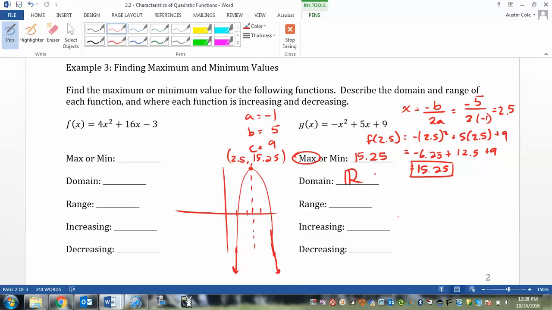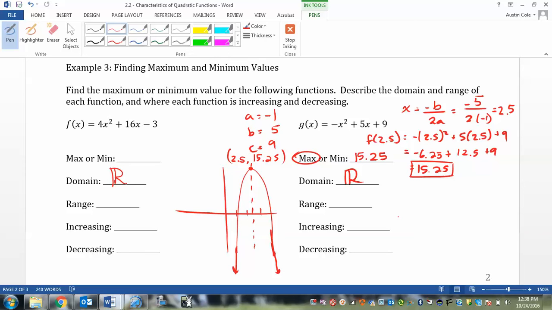That's the same thing as all real numbers. So it doesn't matter if it's a maximum or a minimum. As long as it's x squared, the domain is always going to be all real numbers. We'll get there as we keep going through our entire class, and we'll investigate when the domain isn't all real numbers.